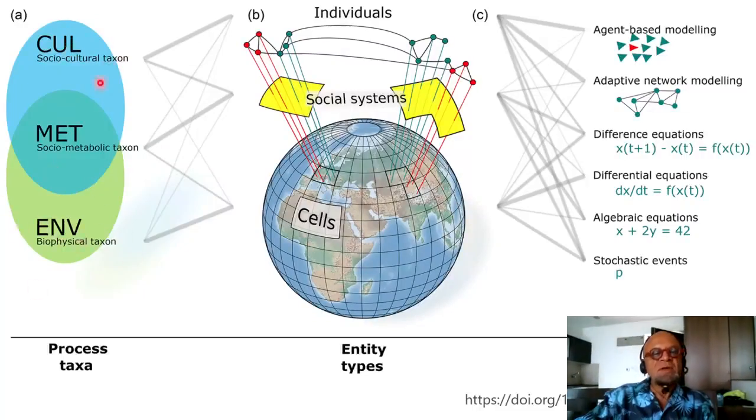So this is a Venn diagram, essential Venn diagram that we talked about, where the ellipse of the CUL is interacting with ENV and creating MET, which is the social metabolic taxon. So you can think of it as what we grow and what we consume, and the businesses, the metabolism of the commercial exchanges, businesses, and so on.